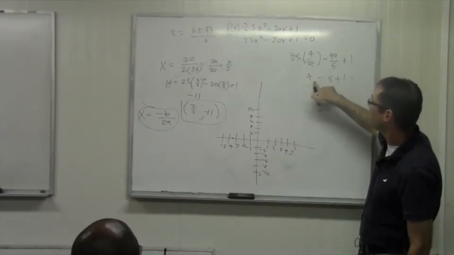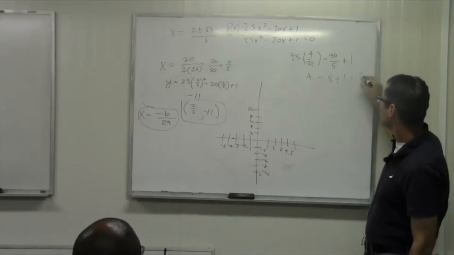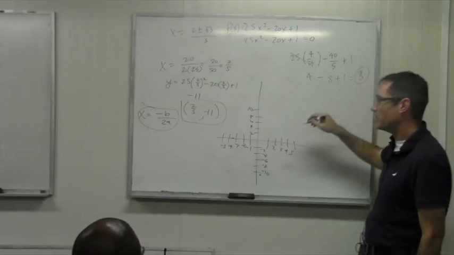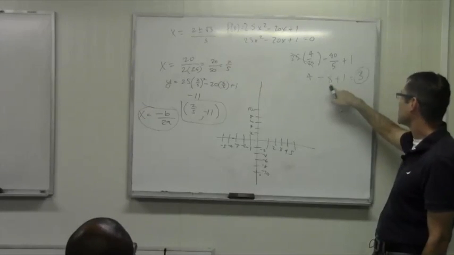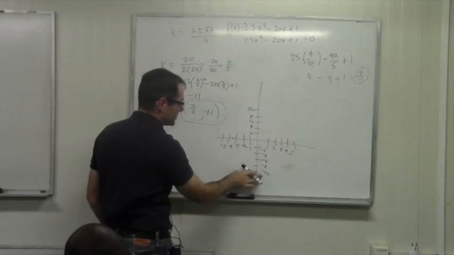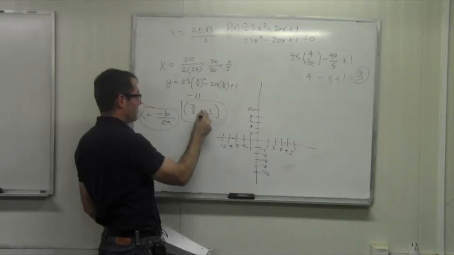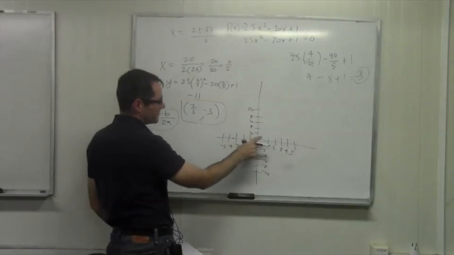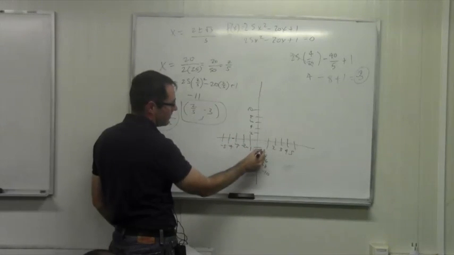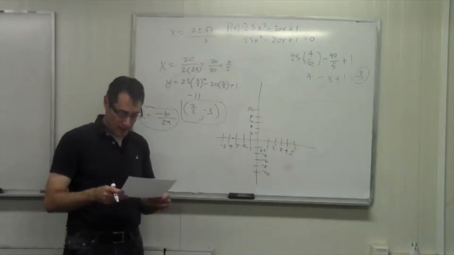No, you're right. So it's not negative 11, is it? It's 3. Thank you. Thanks for checking me on that. Negative 4 minus 8, negative 4 plus 1, negative 3. Good call. OK, so it's actually 2/5, negative 3. OK, 2/5, negative 3 is right about there. I guess we could have done this one in ones, but that's that.